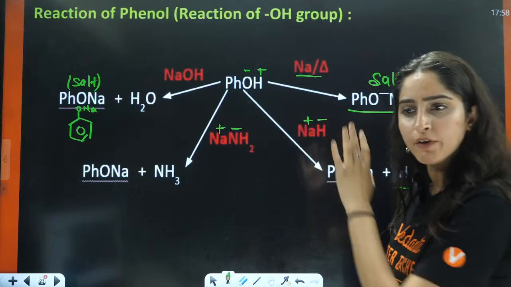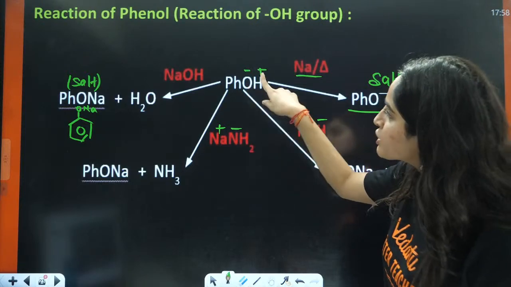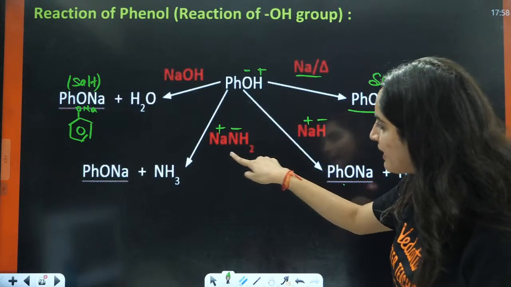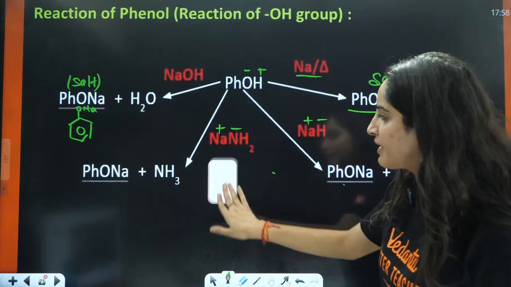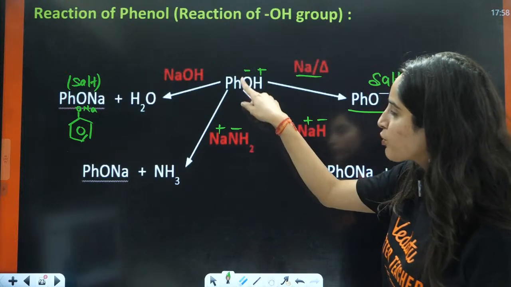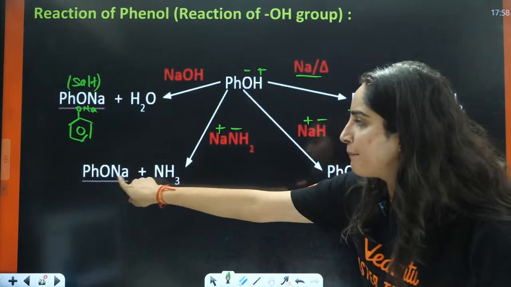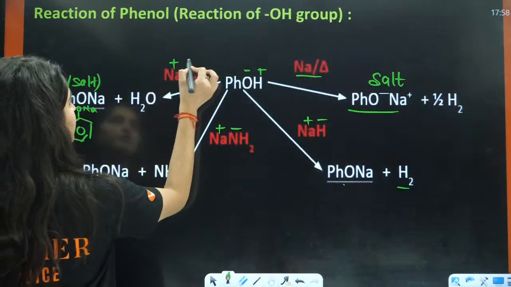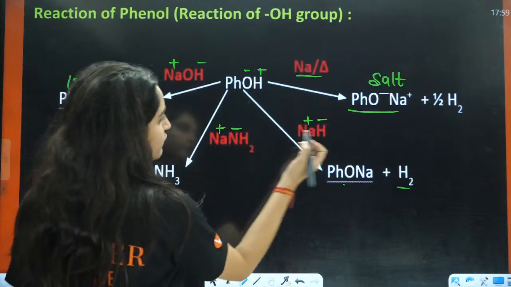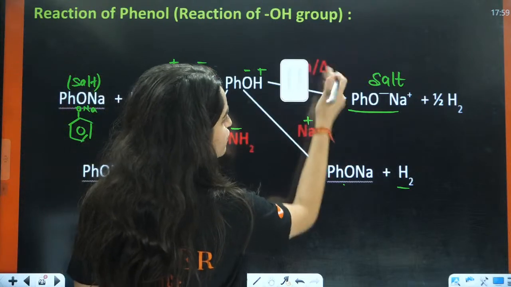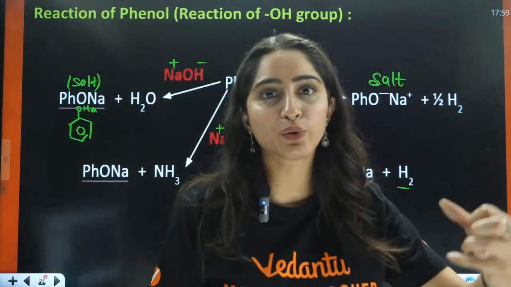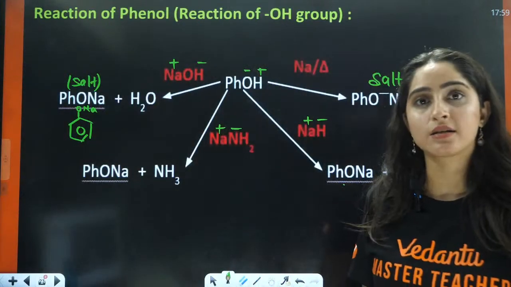This positive is getting attached to this negative, so here it will become NH2H, that is NH3, and this is going to become PhONa. Always do this: positive, negative, positive, negative. Here it is only metal. So these are the reactions that tell you that phenol is actually acidic in nature.